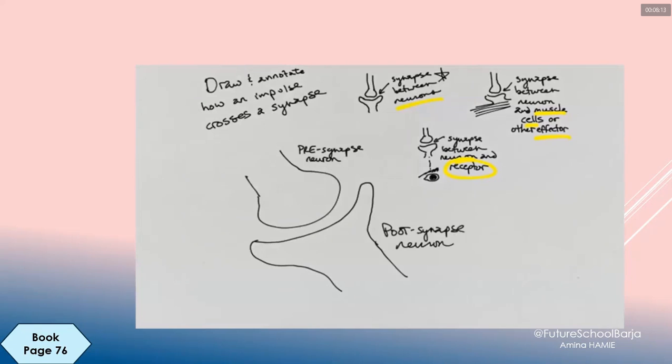So the impulse is going to be traveling down this way through the presynaptic neuron. Now, in the membrane of this presynaptic neuron is a channel protein, and these are calcium ion channels. They are voltage gated, which means that when the impulse reaches them, they change because of the voltage and open up.